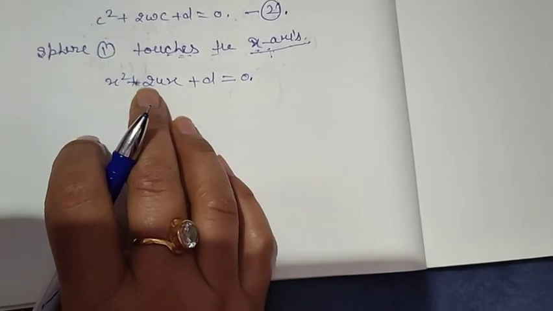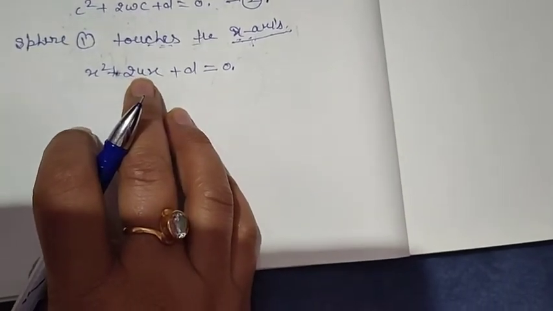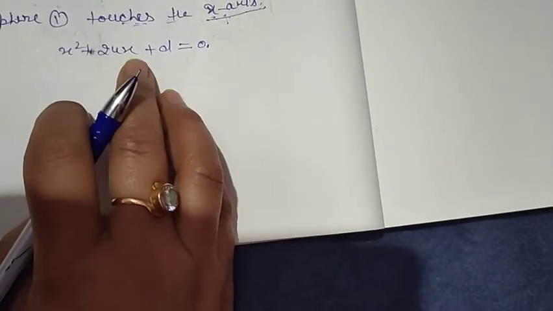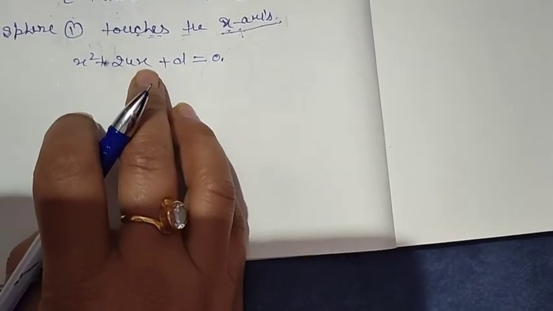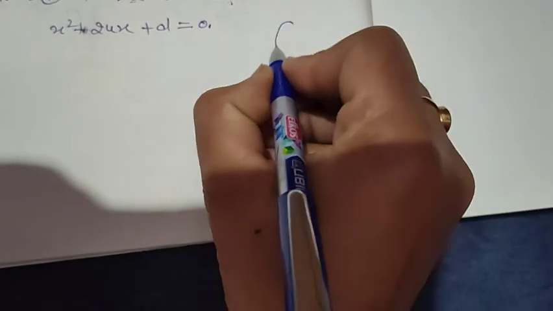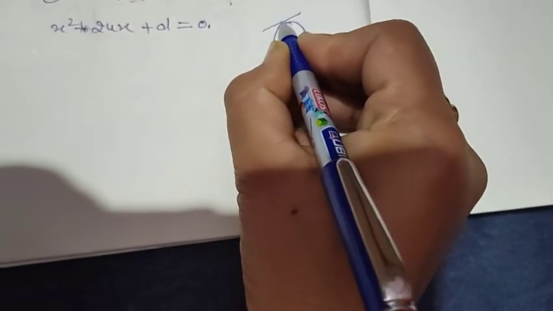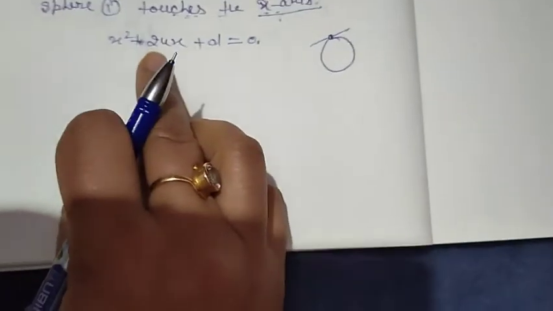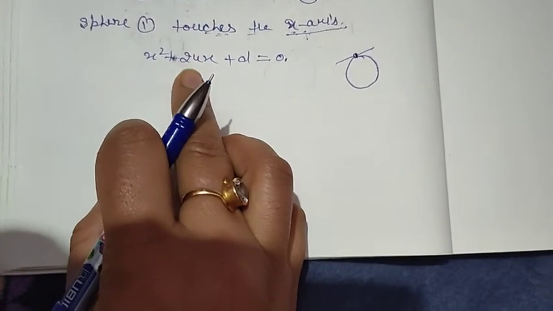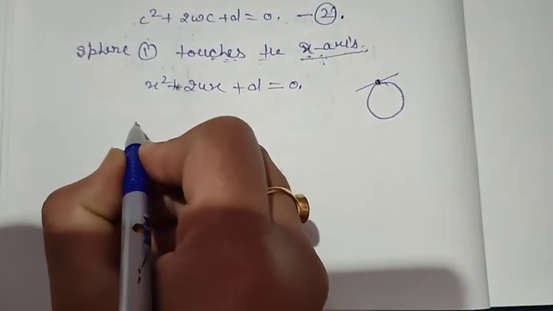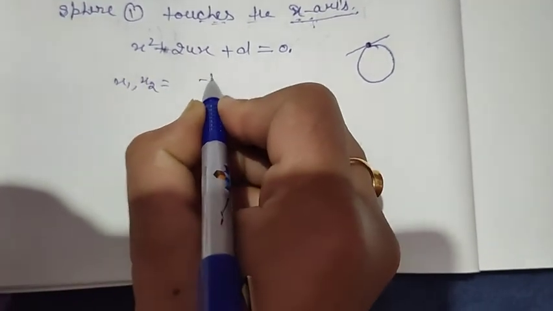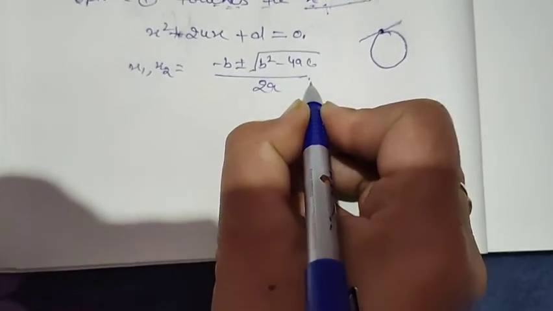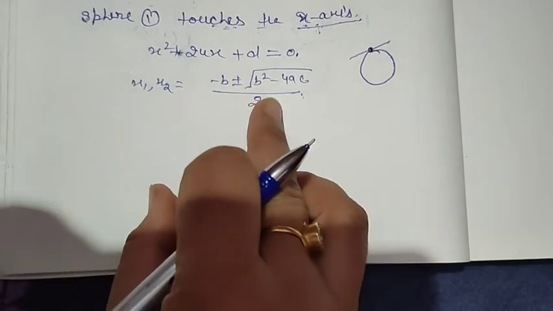But the x-axis touches the sphere, so these two values of x given by this equation are the same. When the line touches the sphere, both values coincide. We find both values by the formula x is equal to minus b plus or minus the square root of b square minus 4ac, over 2a.